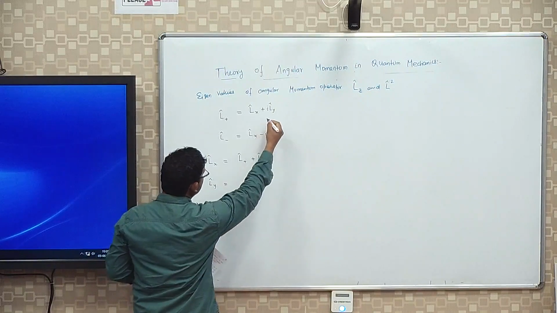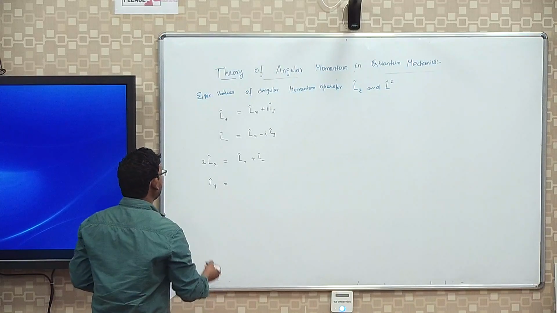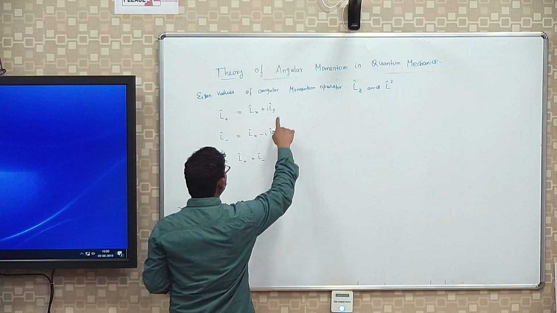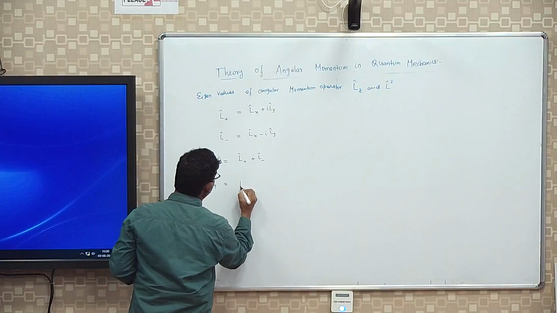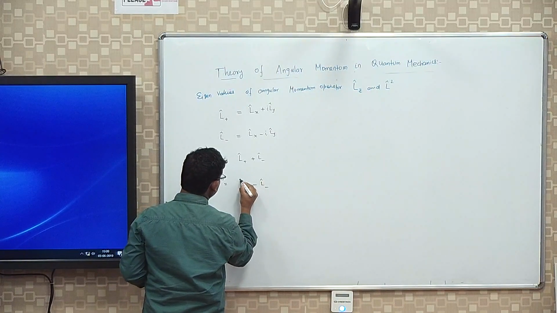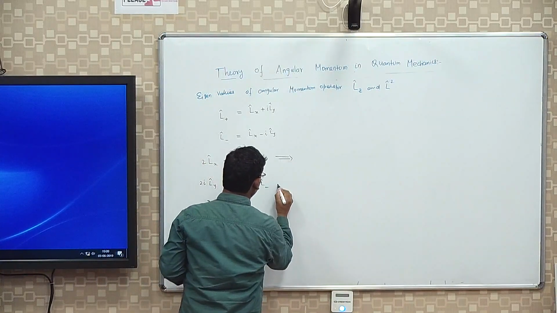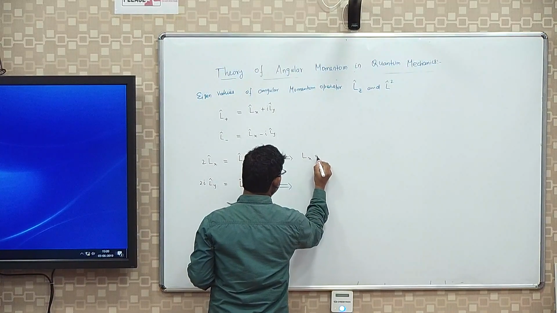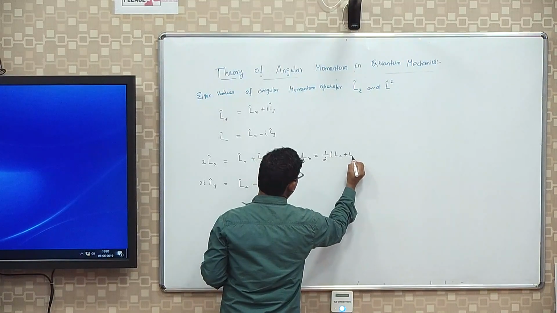And similarly, if we are subtracting these two terms, 2i Ly, I am subtracting this term from this term. So L plus minus L minus. From here we can write Lx is nothing but 1 over 2 (L plus plus L minus).